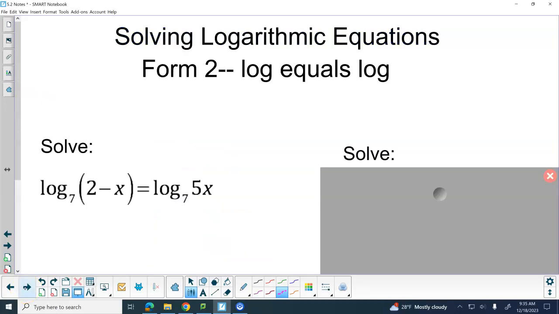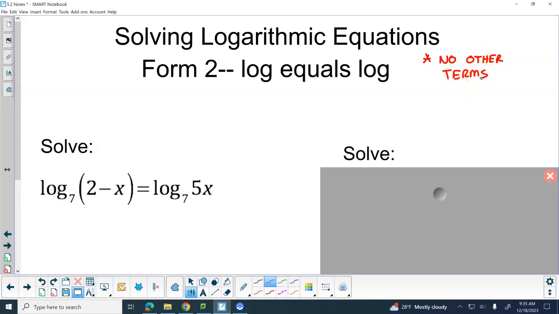Now, the next one that we have is solving 2 logs. And we're going to go in log equals log case. So nothing else. Okay?